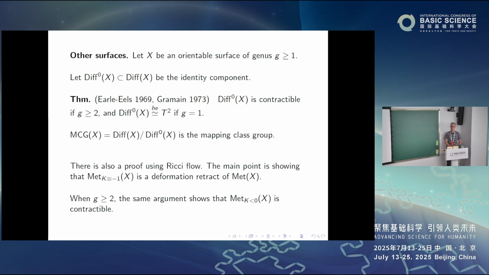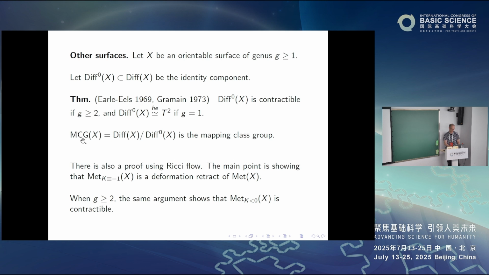And if the genus is 1, so we're looking at a torus, you could think of the torus as a group, and then the translations in that torus give you a group of diffeomorphisms. It's like a copy of the torus sitting inside Diff 0, and that carries the topology. The inclusion of that torus in Diff 0 is a homotopy equivalence.